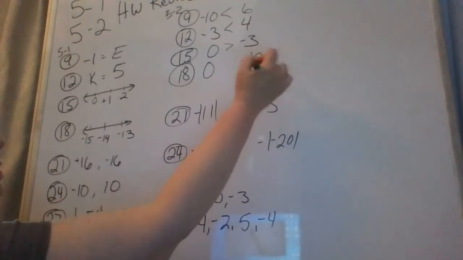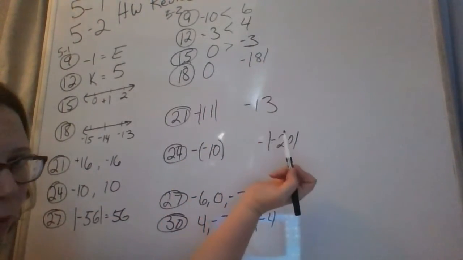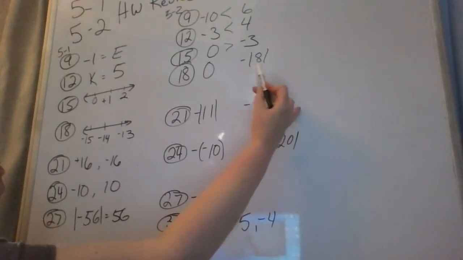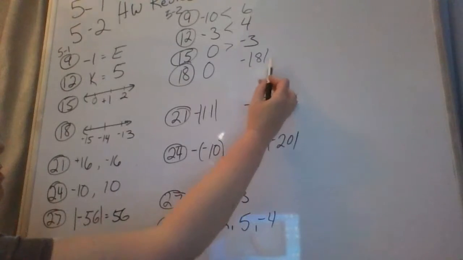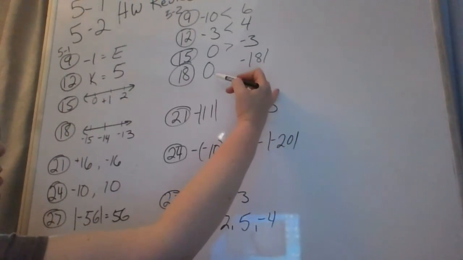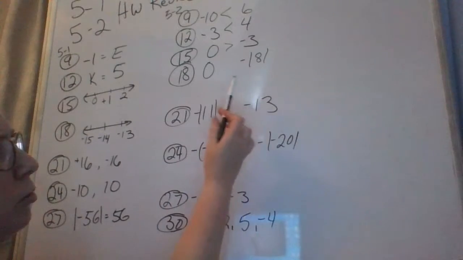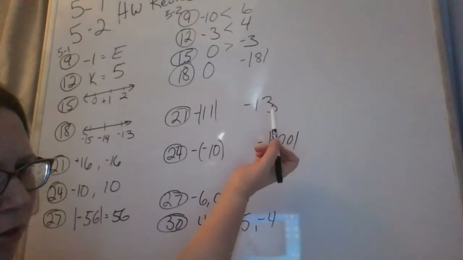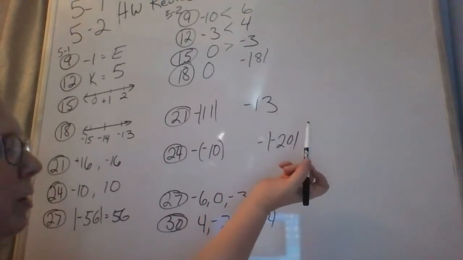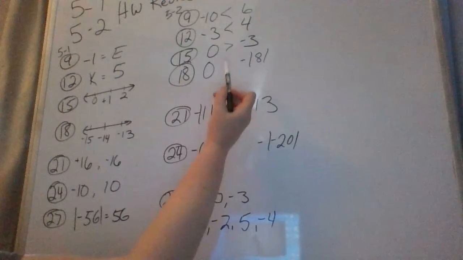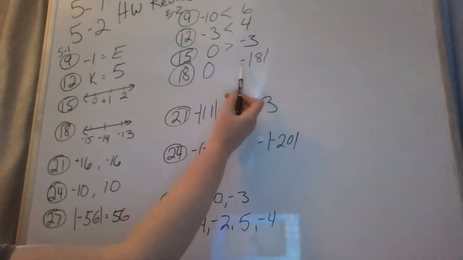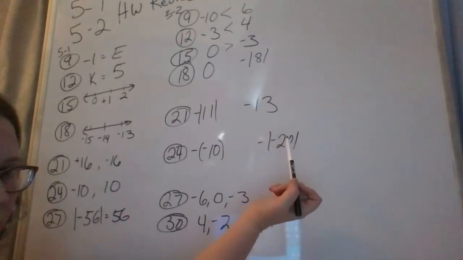Number 18, you actually have to solve what's here before you can decide. You might have thought this would be smaller than 0 because there's a negative there. You might have thought the absolute value would be bigger, it'd be 8. Well, that negative sign is out in front of the absolute value signs.